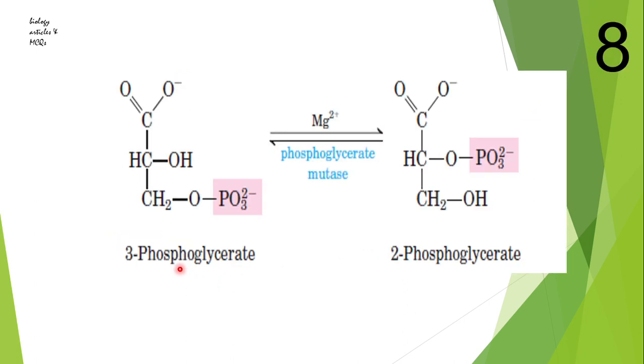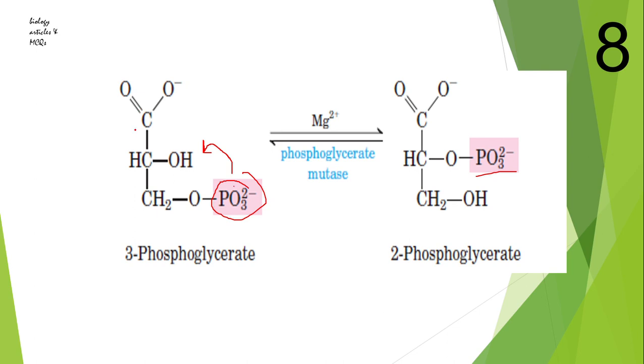Now this 3-phosphoglycerate is converted into 2-phosphoglycerate. Now there is only the change of the position of the phosphate group. This phosphate, which is attached to carbon number 3, will now attach to carbon number 2 and change this molecule into 2-phosphoglycerate. No other conversion takes place here.